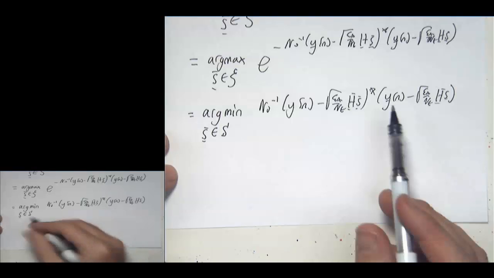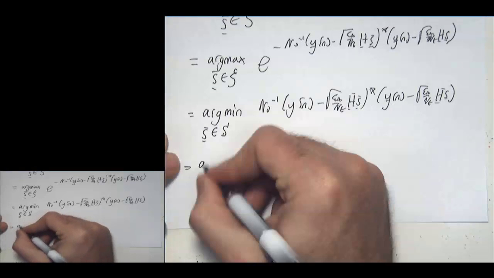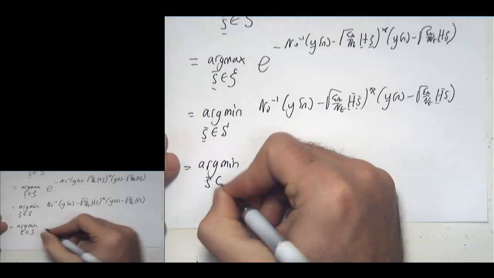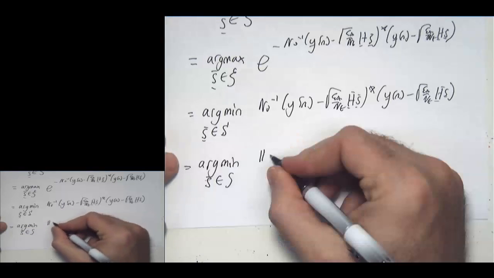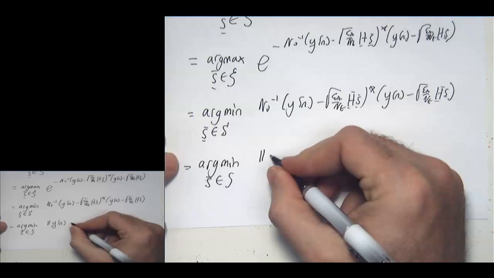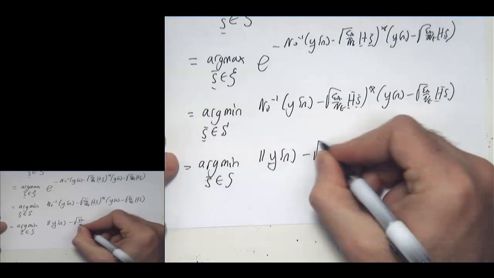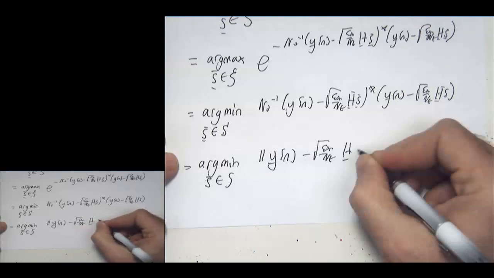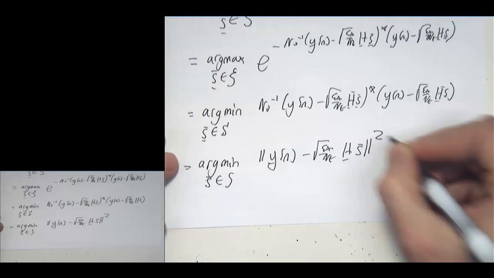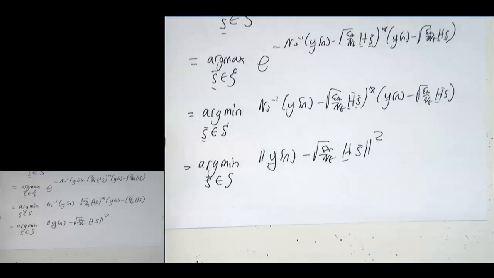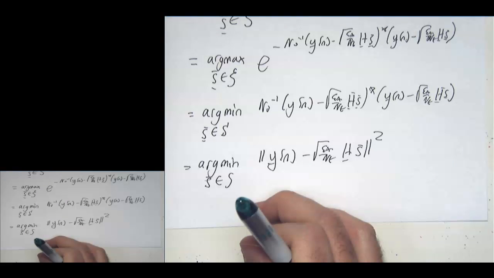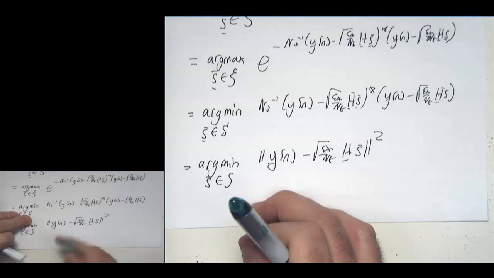So for ease of writing, I can rewrite this as the norm of y of n minus square root of Ex over Nt times H times s, squared. And so this is actually the detection rule here.